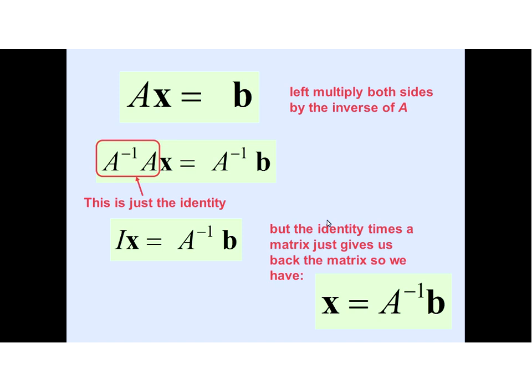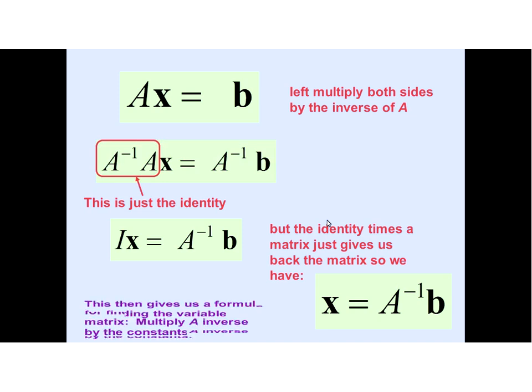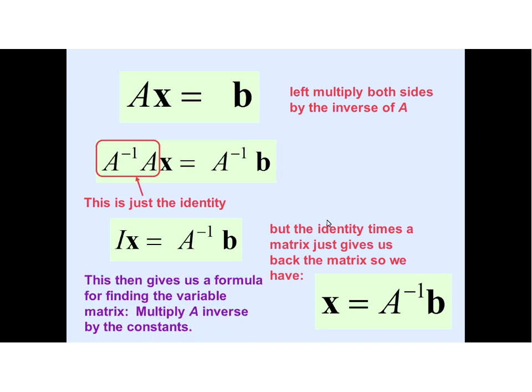We use this result later, and this gives us the formula for finding the variables of the matrix by multiplying by the constants.